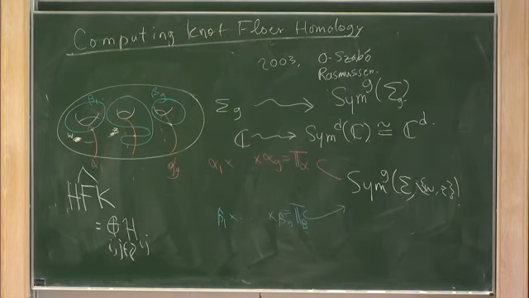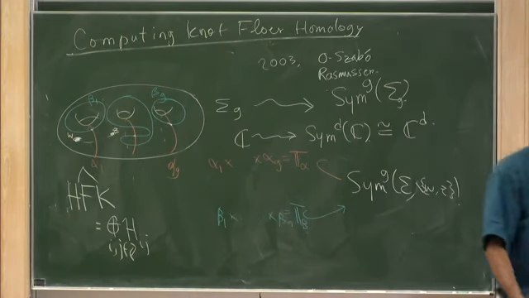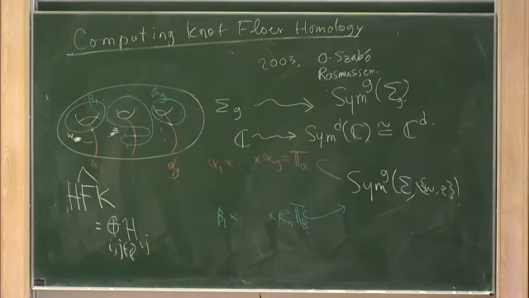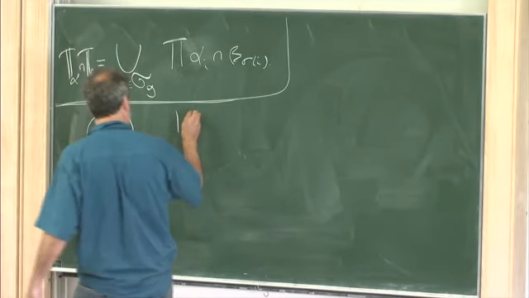Let me just step back for a moment. Remind you that the Euler characteristic of this, in a suitable sense, is related to the Alexander polynomial. And let me describe the computation of the Alexander polynomial by Kauffman states.